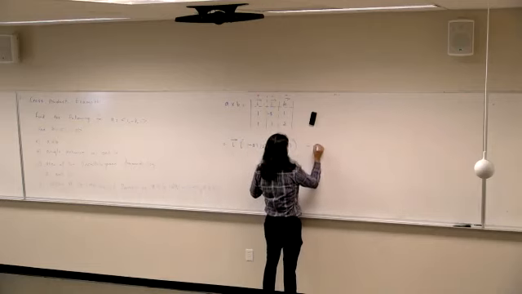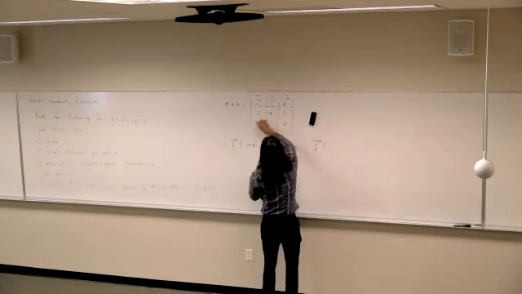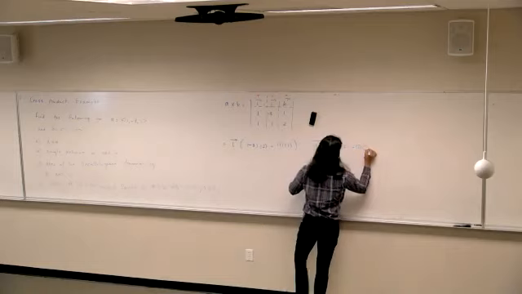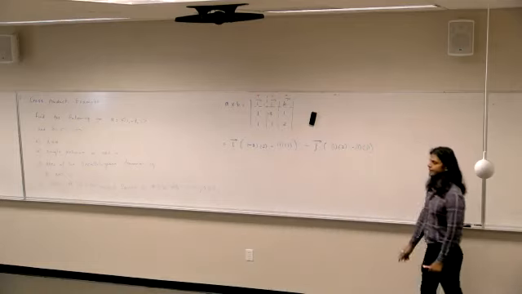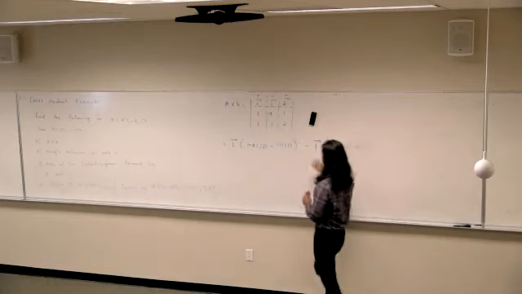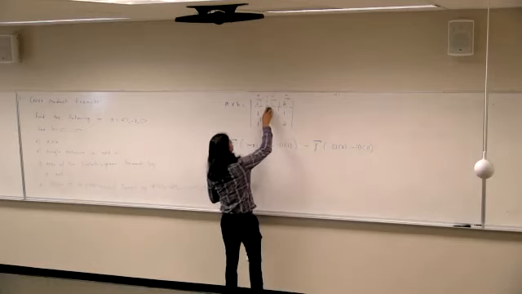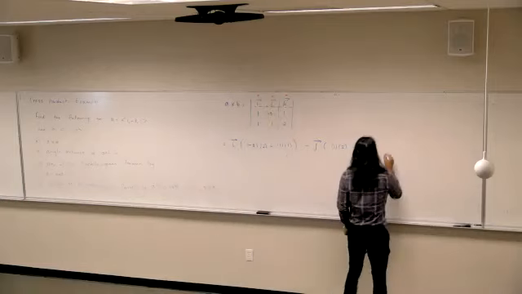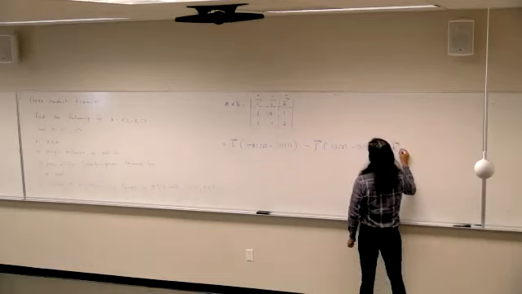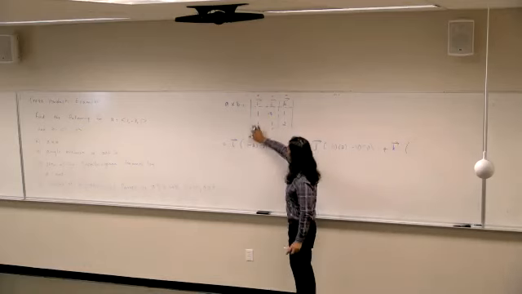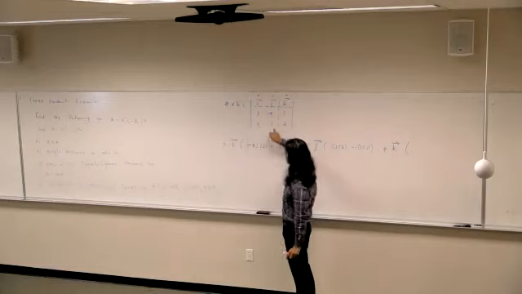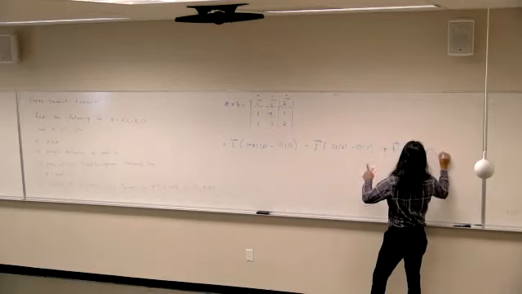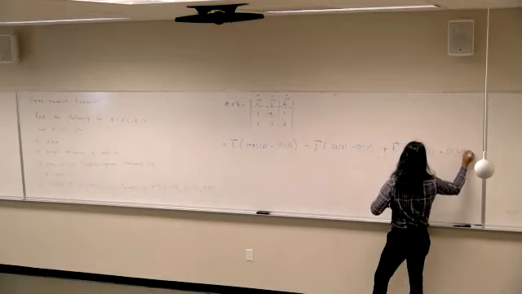So negative j vector times 1 times 2 minus 1 times 1. Lastly, the k vector. The submatrix is right here, A, B, C, D, AD minus BC. 1 times 1 minus 1 times -3.